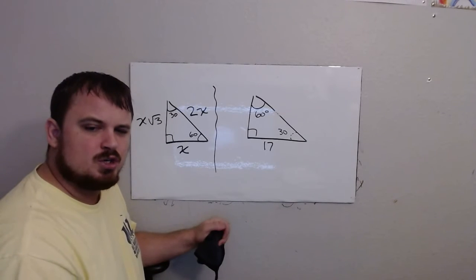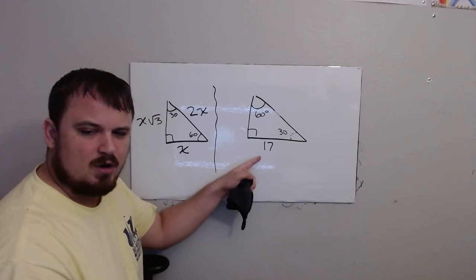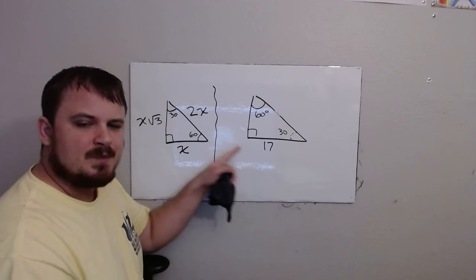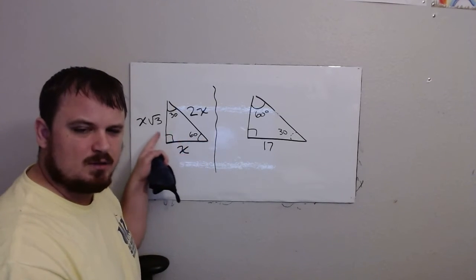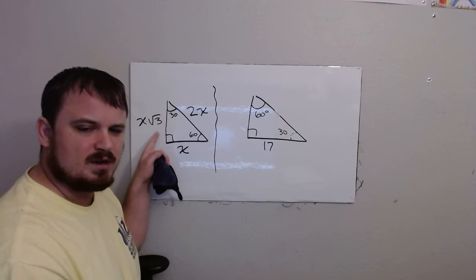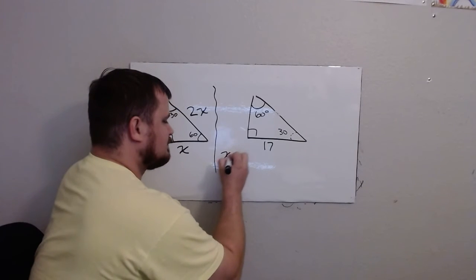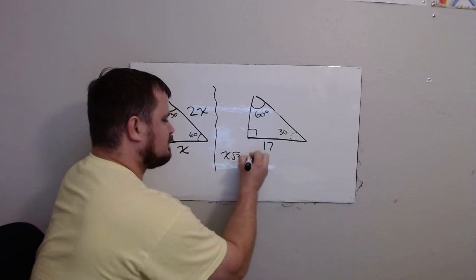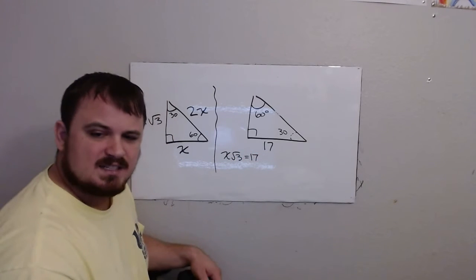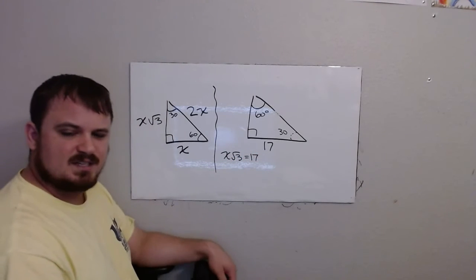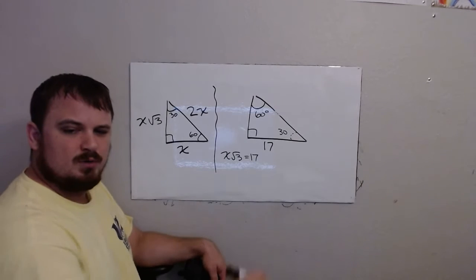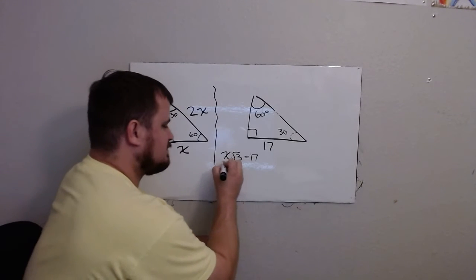So what we're going to do is look at this and say, okay, the long side is 17, and on our basic one across from 60, the long side is x times root 3. So x times root 3 equals 17 in this case. Let's go ahead and get x alone, and we need to divide by root 3.